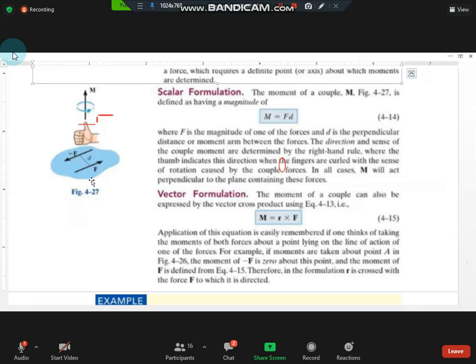In that case, you have to take a reference point about which the whole system moves, and then you can take the direction as positive or negative. This is how it works. So it is not a contradiction, it is just a matter of understanding.